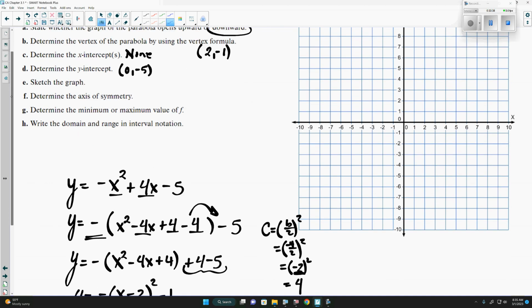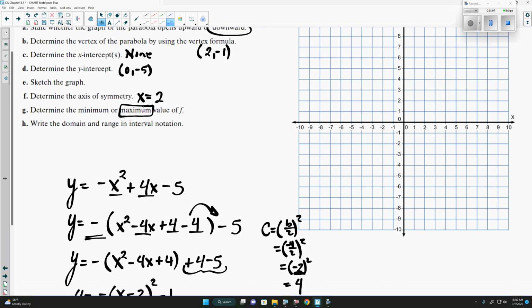Determine the axis of symmetry. X is equal to what? 2. The x value of the vertex. The line goes through the vertex. So x equals that x value. Will this function have a maximum or minimum value?